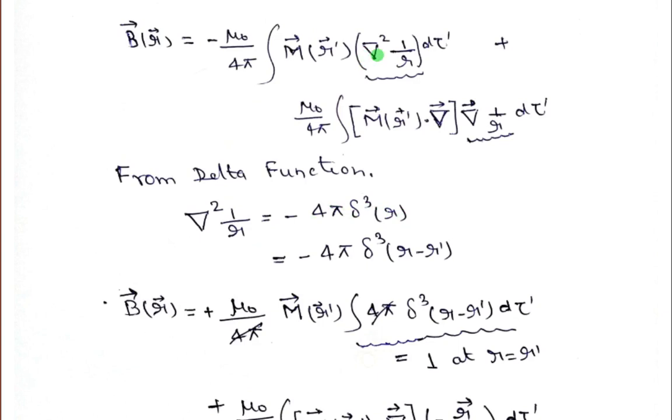In the present situation we have two coordinates, r prime and r, so we can write minus 4 pi delta cube r minus r prime. Obviously there will be an integral also, so one integral should be there.